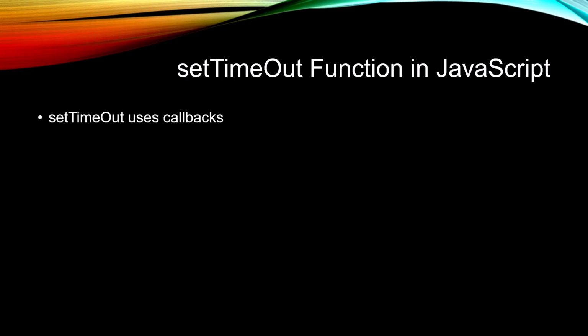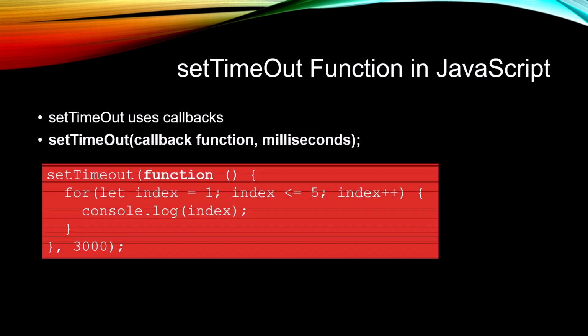So setTimeout uses callbacks. With setTimeout, you pass in a callback function to execute after a certain amount of milliseconds has expired. So those milliseconds are saying, okay, let's wait right now for 3 seconds, but we're not waiting per se.